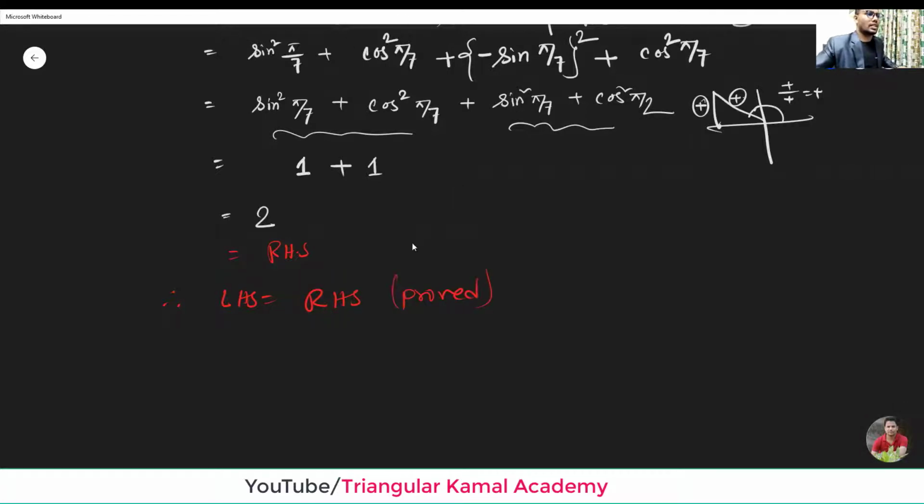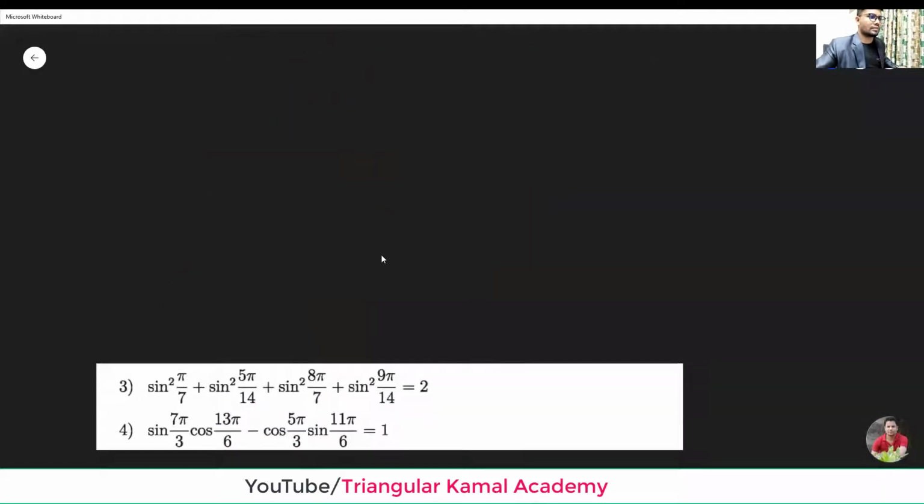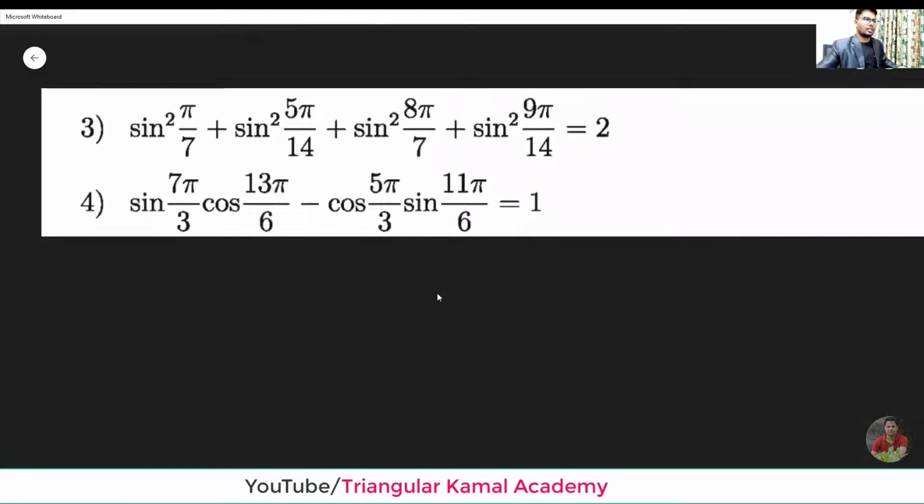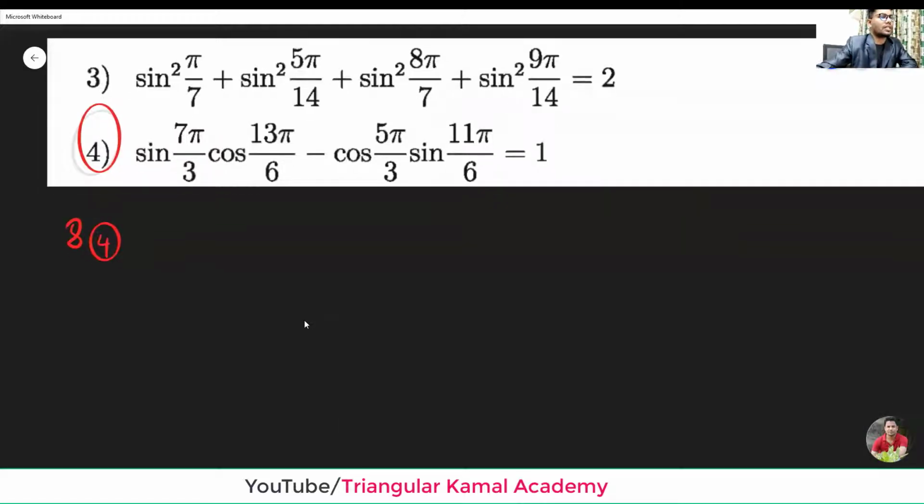Okay, let's see the next question. Sorry, question number 4. After simplification we have to show 1. So first step, write the left hand side.